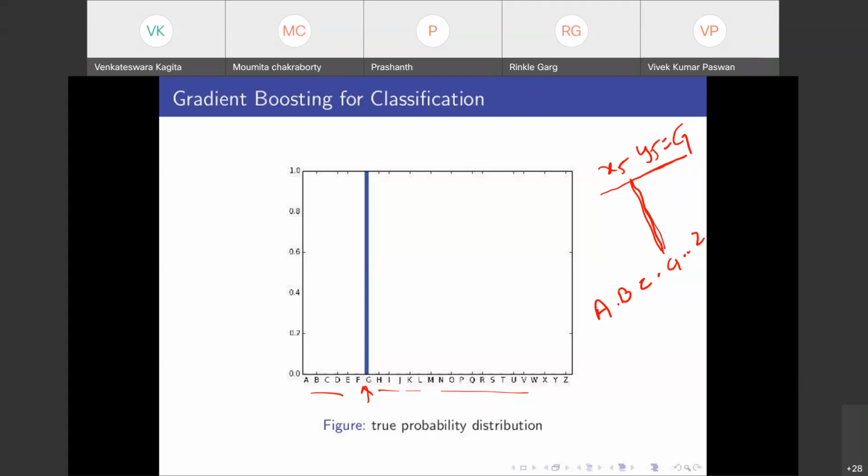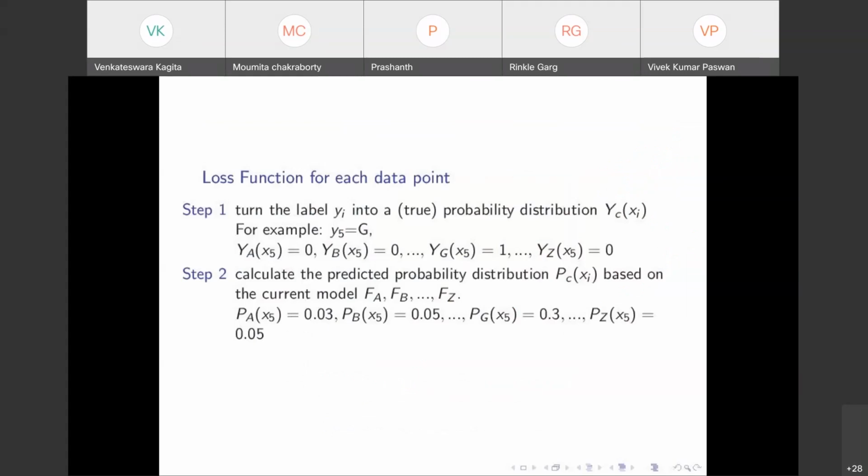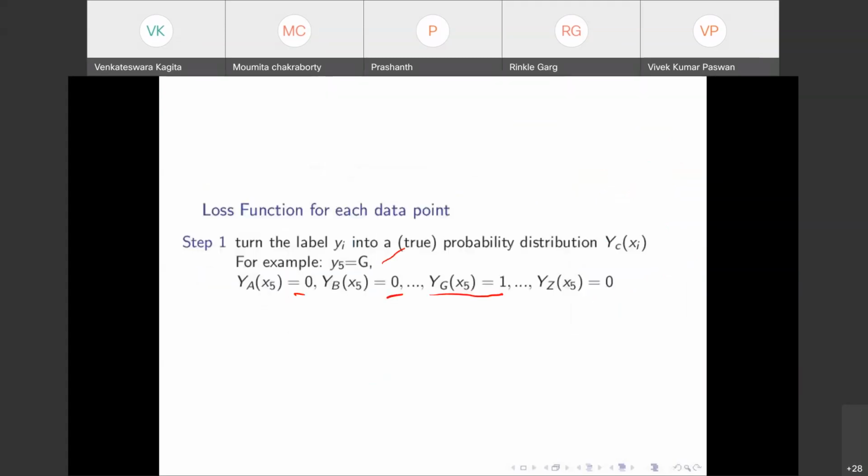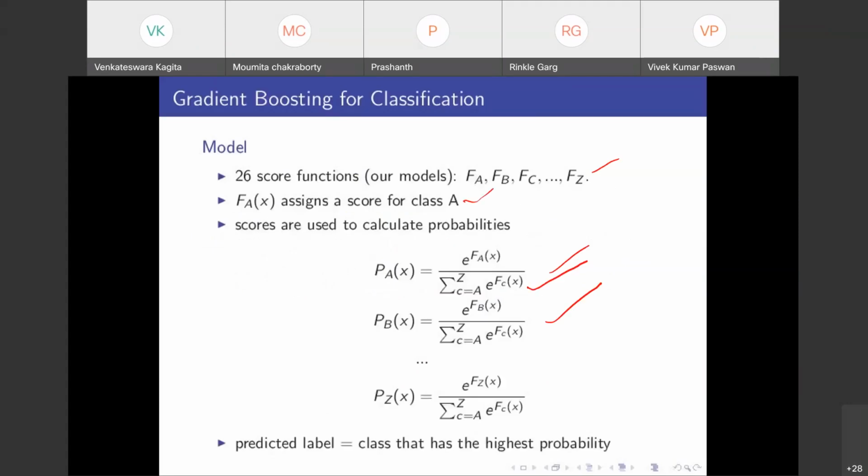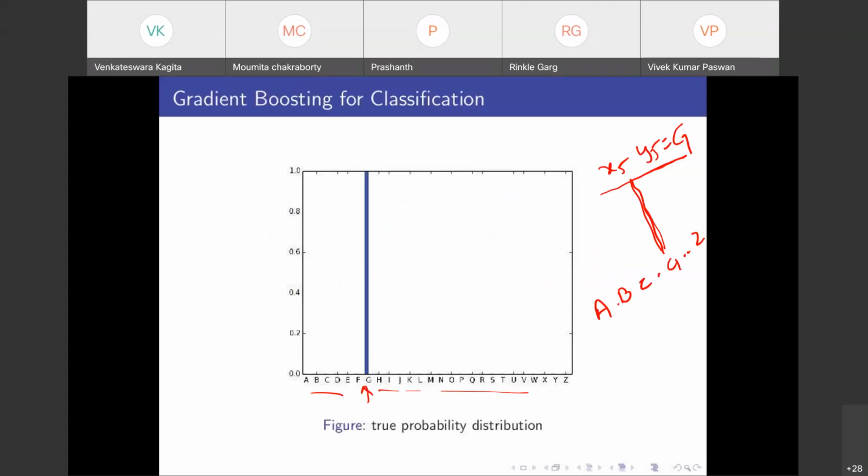This is the true probability distribution, and we compute the predicted probability distribution using the function that we described in the previous slide. So we compute the probabilities. These are the predicted probabilities. We know the true probability distribution and we are computing the predicted probability distribution using the score functions FA to FZ. This is a little tricky.